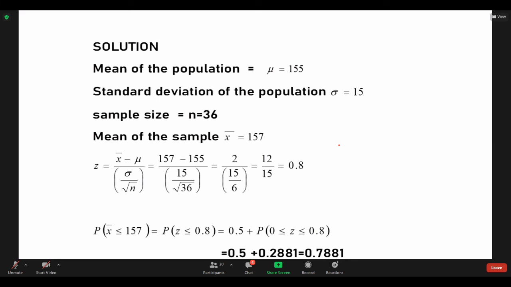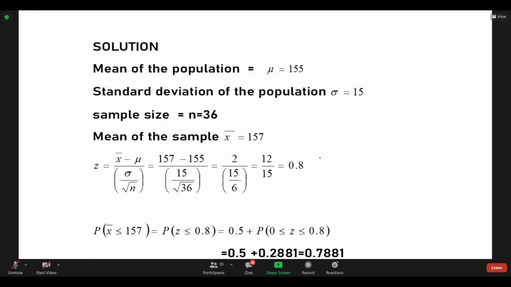By using the central limit theorem, you can find that probability. Is that clear?